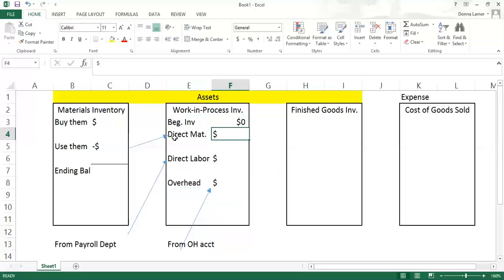Everything from last month or last period was completed when the month ended. So as this month goes along, materials are brought in, labor is spent on the products, overhead is spent on the products, and you will get a grand total of all the costs incurred this period. These are called product costs.